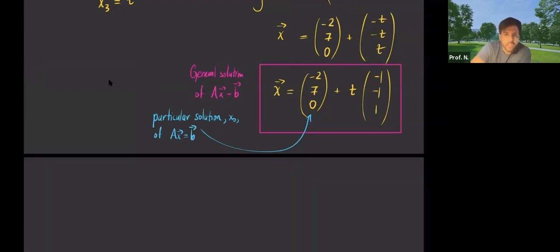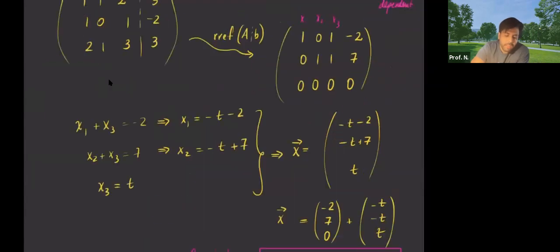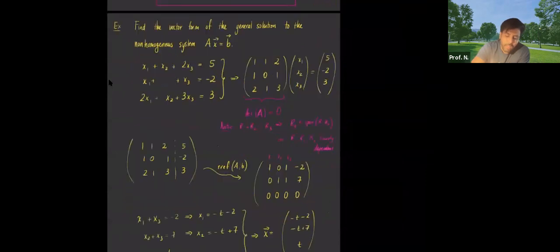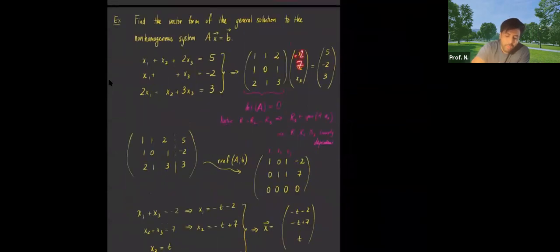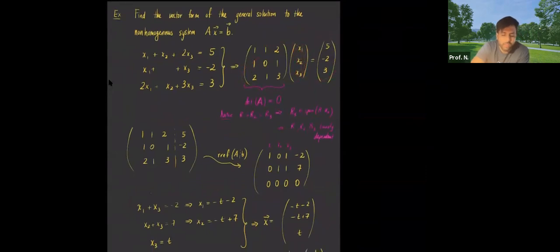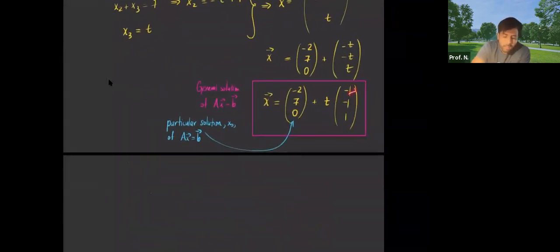Correct? So that's the particular solution. If I plug -2, 7, 0 into here, it would make it equal. This would be a particular solution. And then what is this?